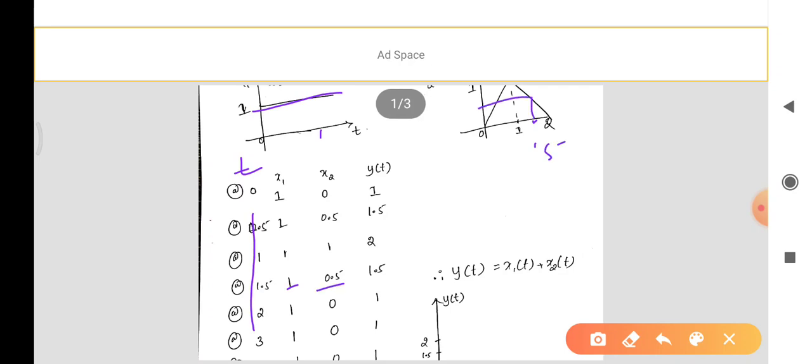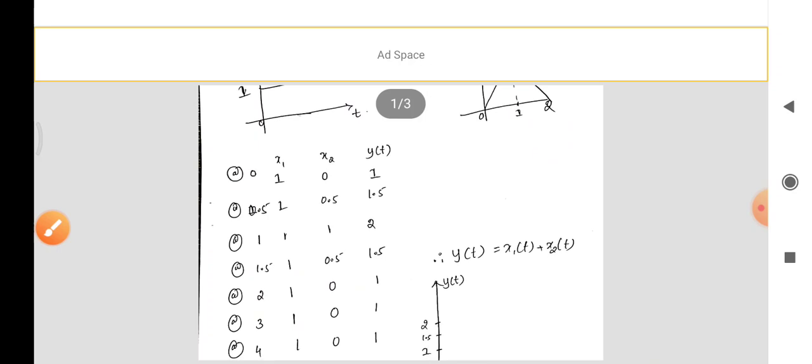So take this, it is 1.5. And next at 2, the first signal remains the same, and the second signal has 0 magnitude. So at 2, 1 plus 0 is 1 magnitude.